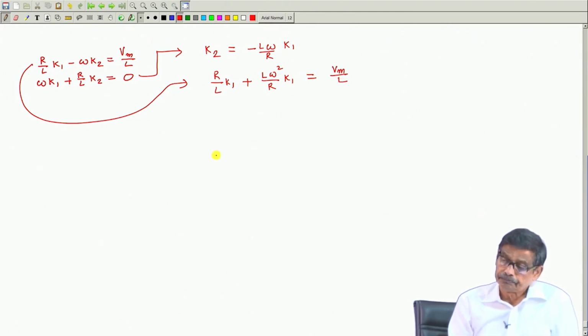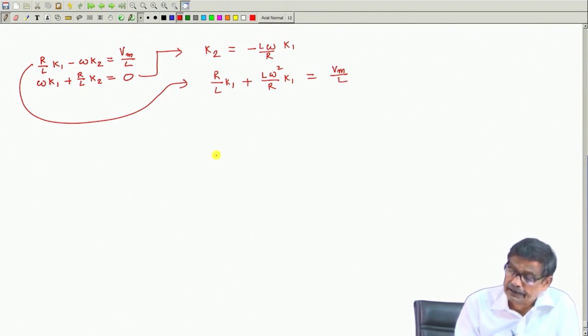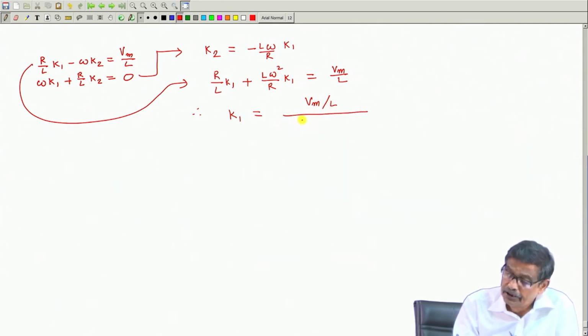Therefore, k 1 will be equal to V m by L in the numerator, and below it will be r by L plus omega square L by r.